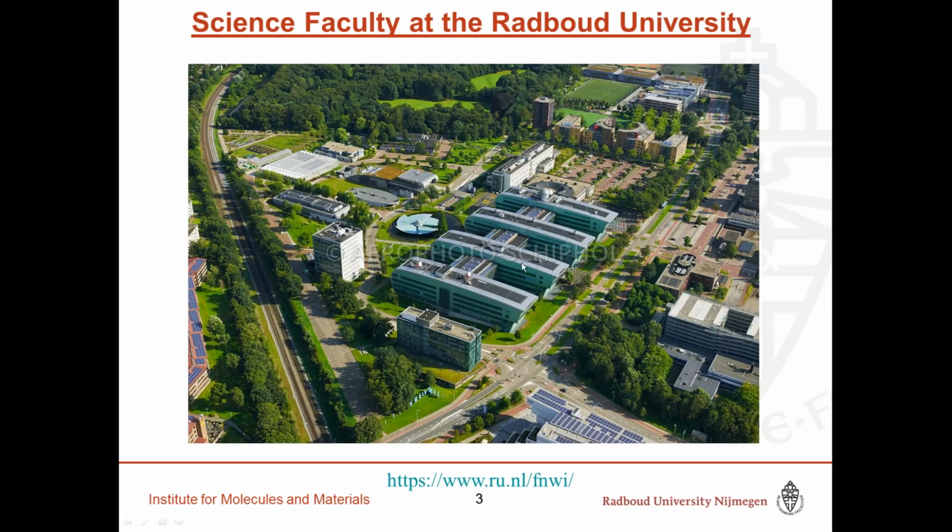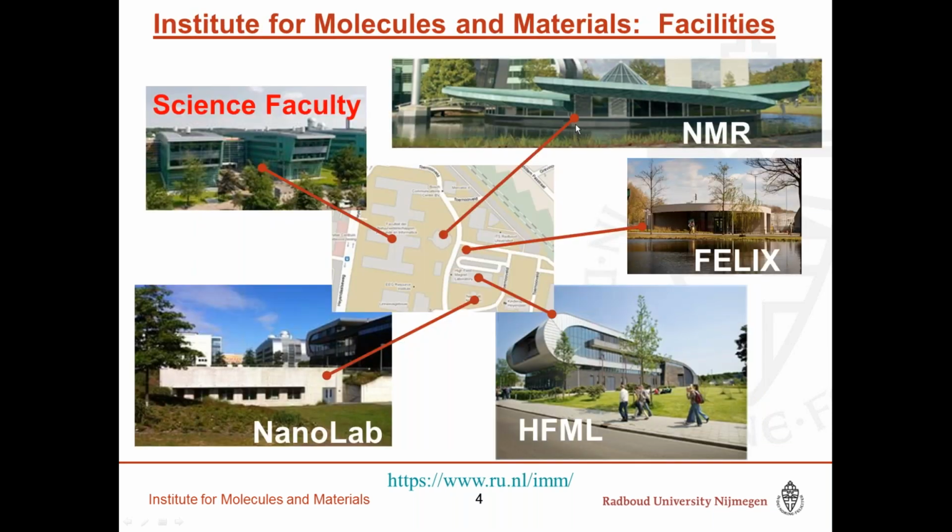Now, around this building, you will find some other buildings which are connected to the faculty. These are, for instance, the state-of-the-art NMR laboratory, particularly for solid-state NMR. Felix, which is a free electron laser facility providing infrared light tunable with laser intensities.